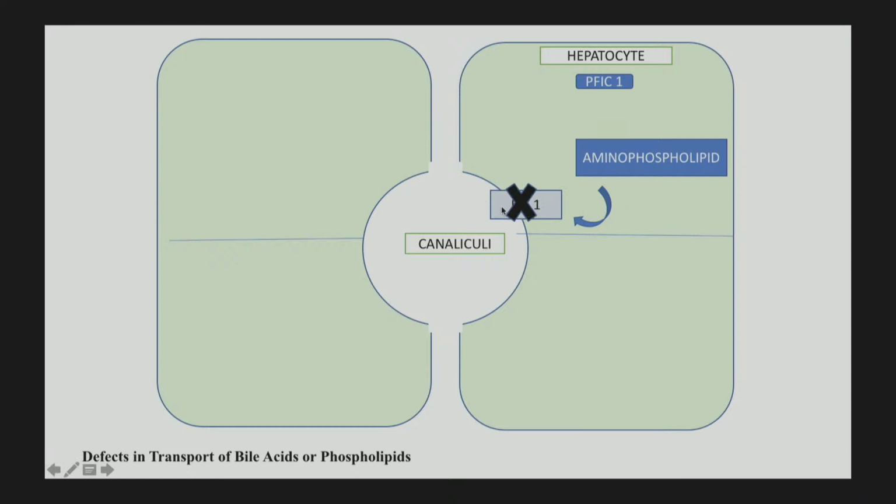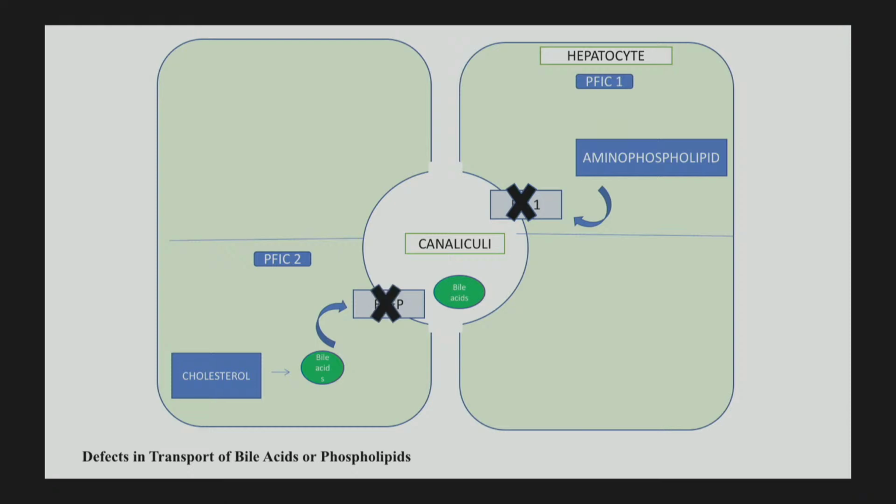The FIC1 gene is the one affected in this, and hence aminophospholipid also will be affected. PFIC type 2 is a condition where the bile acid exporter pump is deficient, and hence BSEP deficiency will be seen in PFIC type 2, which will lead to increased bile acids.